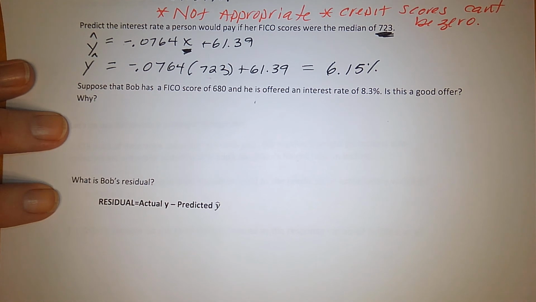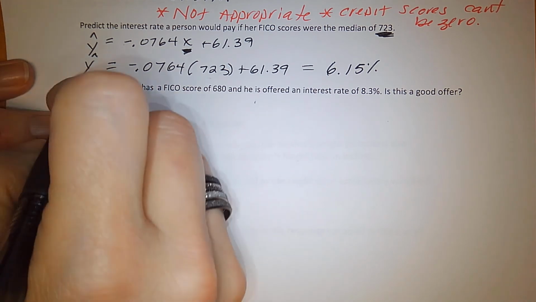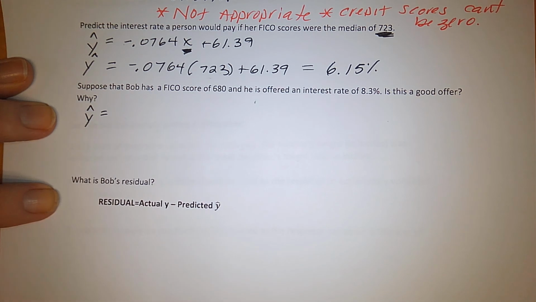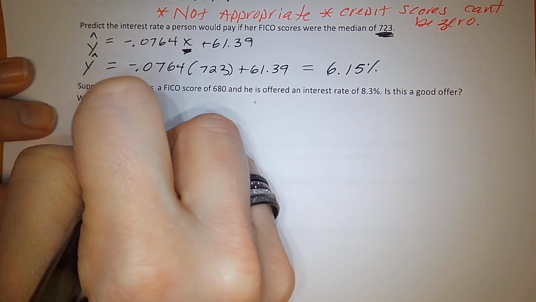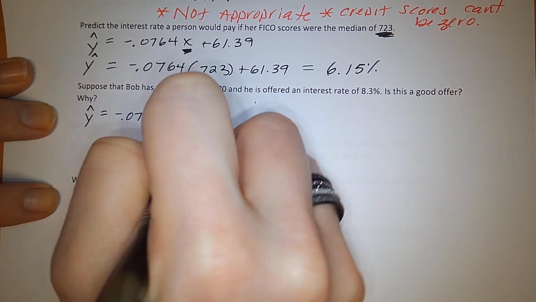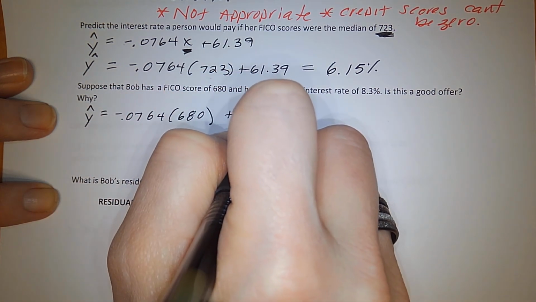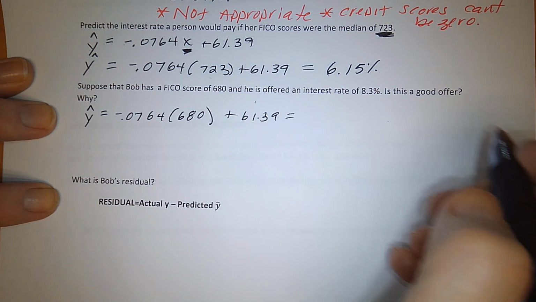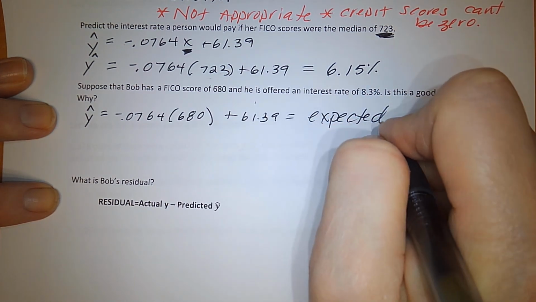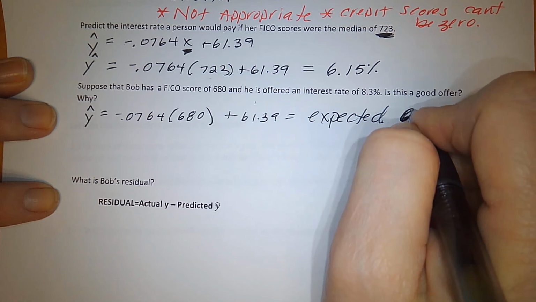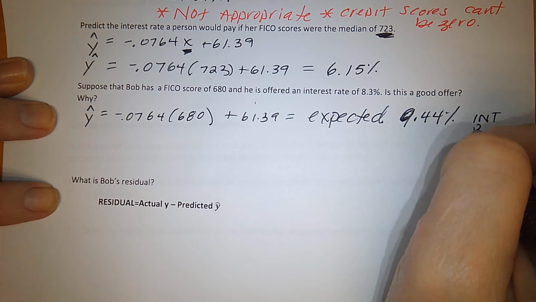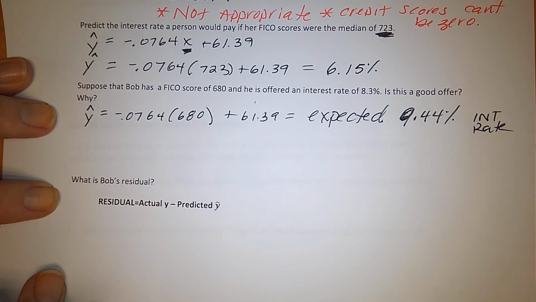So let's calculate first where Bob should be. Bob's predicted interest rate is going to be found by putting his credit score into the regression model. And when we put this into our calculator, he gets an expected 9.44% interest rate, according to my calculator.